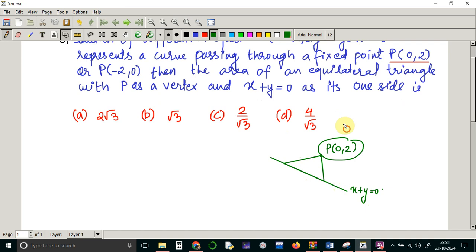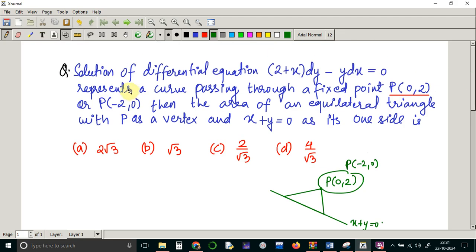Or this fixed point could be (-2, 0) also. And what else? The solution of this differential equation is passing through that fixed point. So if this is a solution, it must pass through this point.